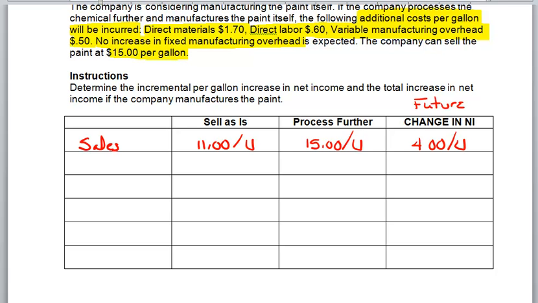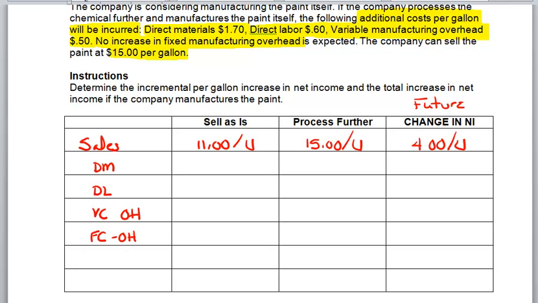Then we take our cost per unit, and we have our direct materials, our direct labor, our variable cost for overhead. Again, I'm going to put the fixed costs in here. You don't have to, and you're going to see why. And then we would see what our total costs are. And then we would see what is our net income per unit.